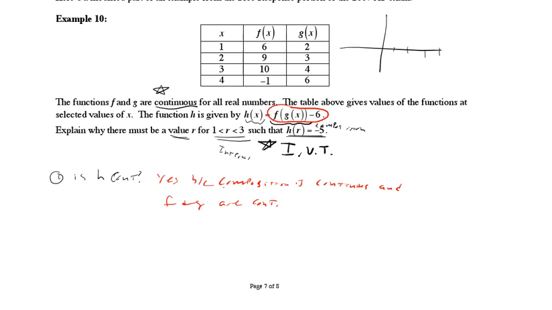It's important to state that composition is continuous because h is a composition function. And when you compose functions, you don't change their continuity. The only time continuity changes is when you do division. Division is the real big killer. If h was some division of f divided by g, then it might not be continuous when g of x equals 0.